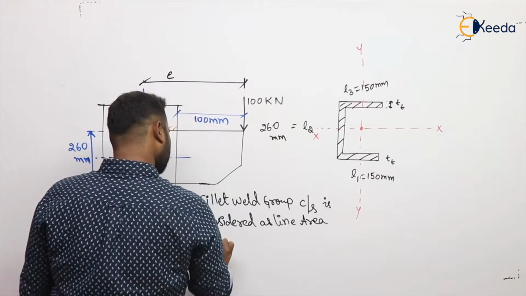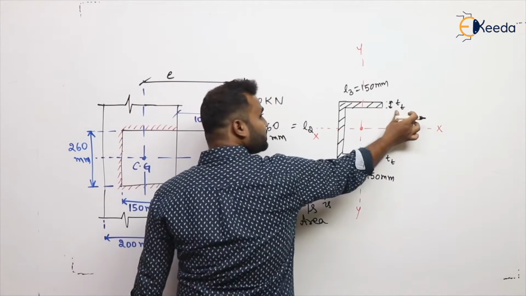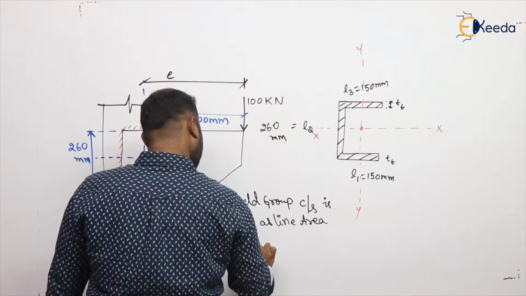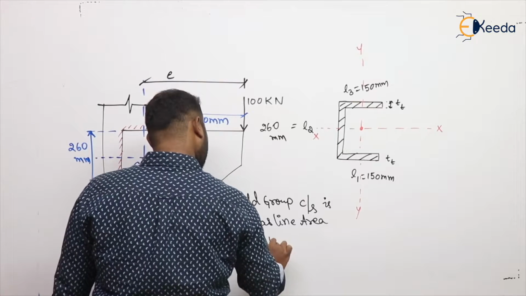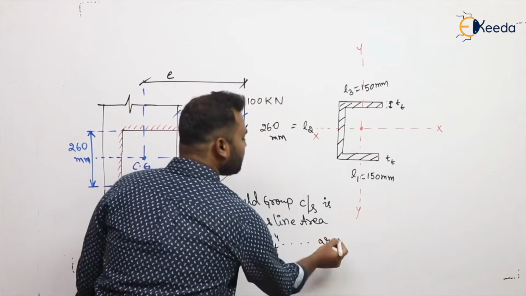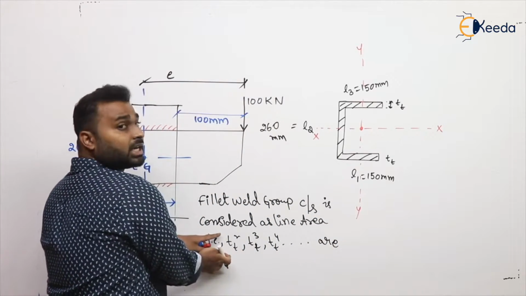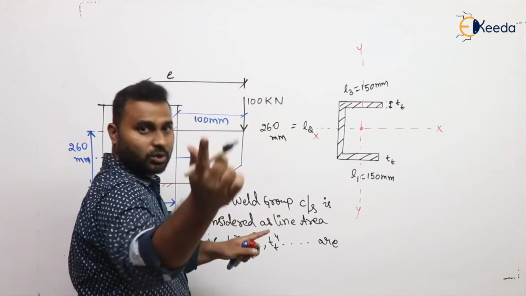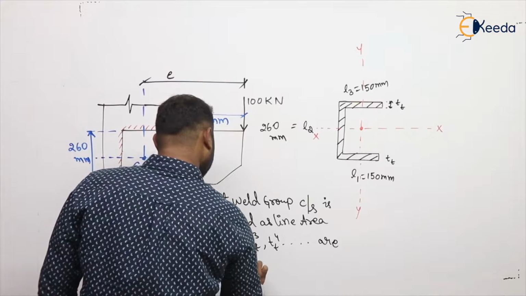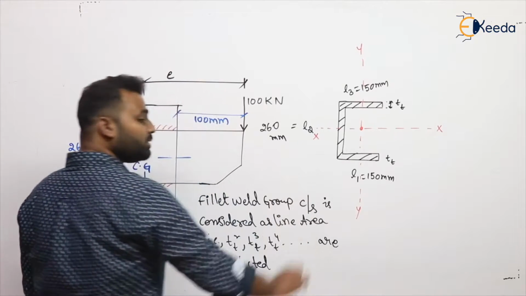That is, power terms of the thickness, that is TT square, TT cube, TT power 4, and so on, are neglected. Or simply we consider the power terms of the thickness as 0. That is the meaning of line area.